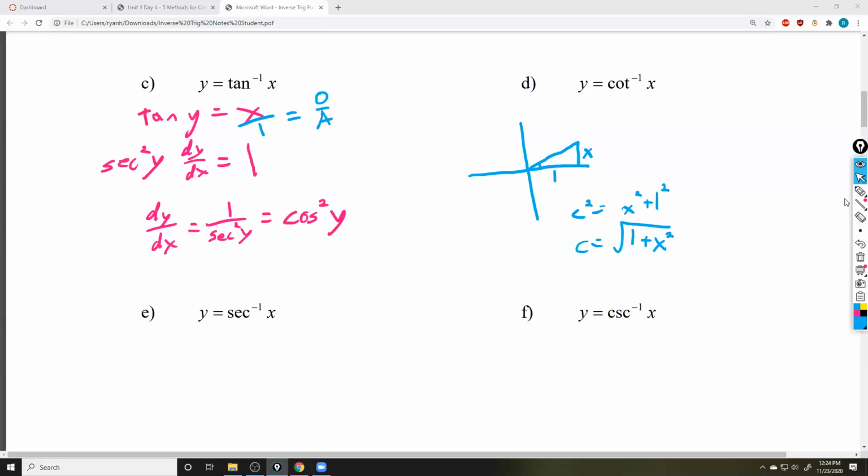And so from there, our point of doing this is to write this in terms of our x instead of y. So that means cosine is adjacent over hypotenuse, 1 over the square root of 1 plus x squared.